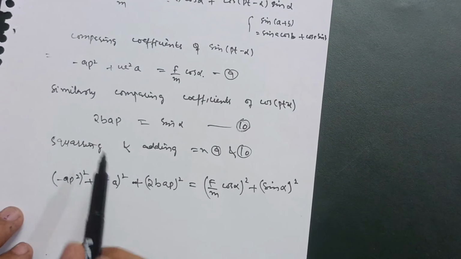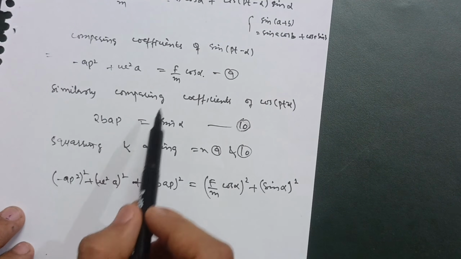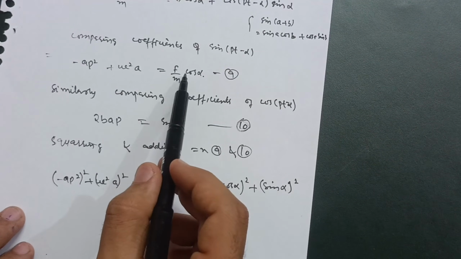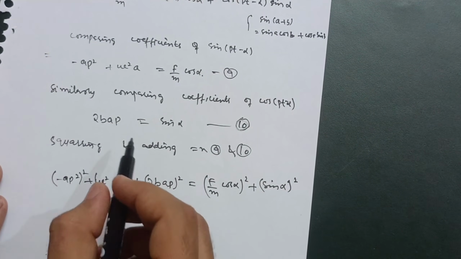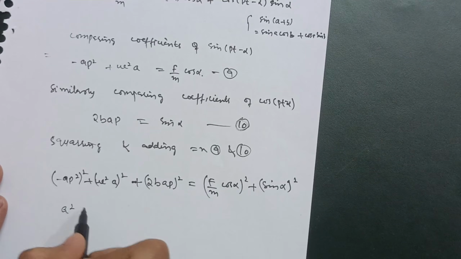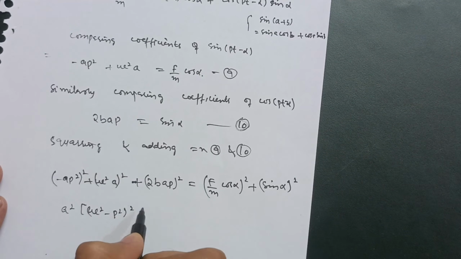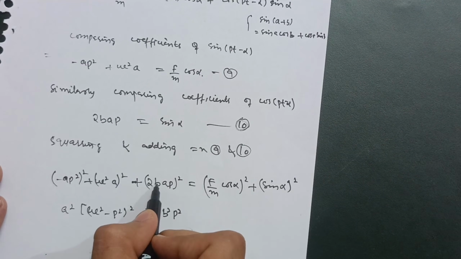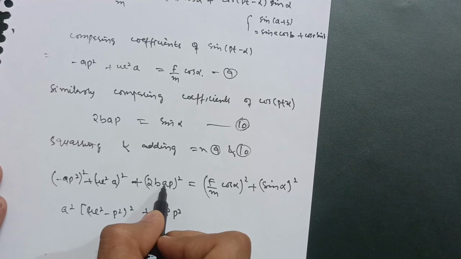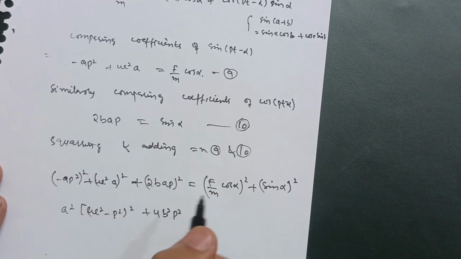You have to first take the squares of these terms, then you have to add the 10th equation, and accordingly do the square of the 9th equation and add the 10th equation over here. So I will get a square omega square minus p square after simplifying it, plus 4 times b square p square, and this a and p I will take out as common in this particular terminology.